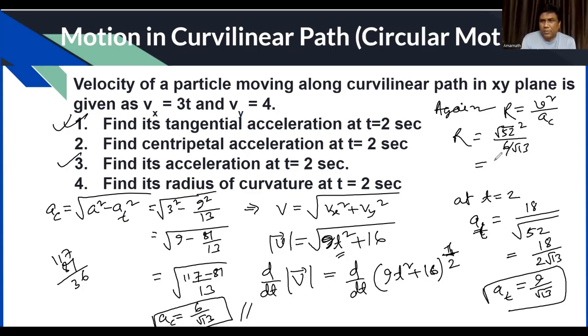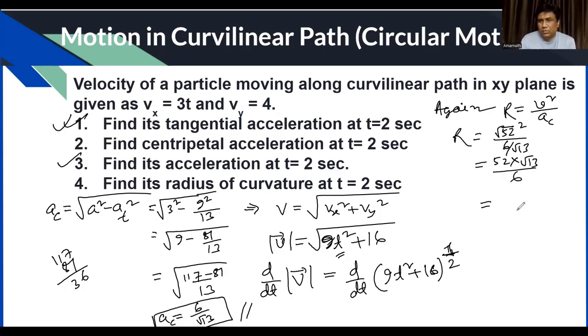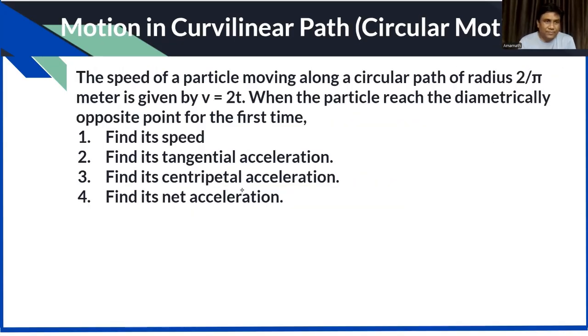So it means it will be 52 into under root 13 by 6, which is 26 root 13 by 3. I think we cannot simplify it more. Check the calculation part once more. All will be in meter, nothing else. Think of this question.